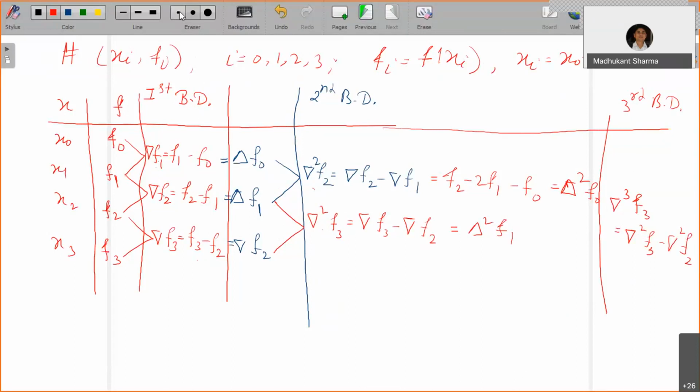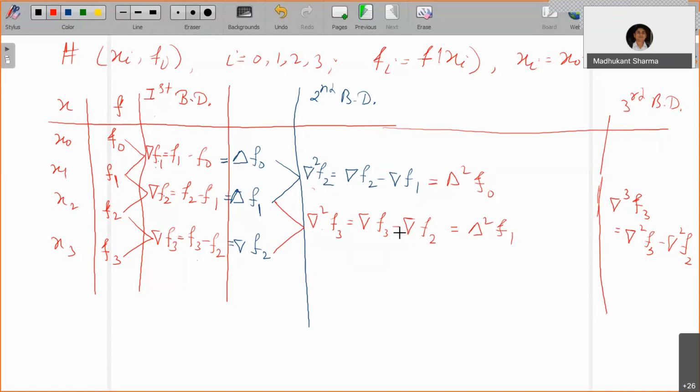So if you compare carefully, I'm just running this. Delta square F naught. Okay, so you can look at the differences here. Whatever the simplified expression you are getting, they are the same when you are talking about backward difference or forward difference. Only the notations are changing.